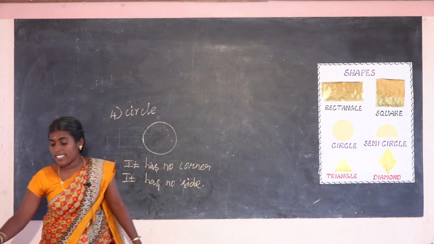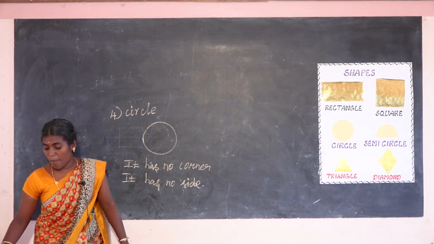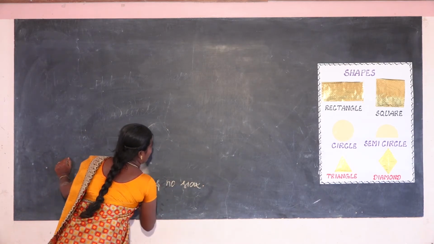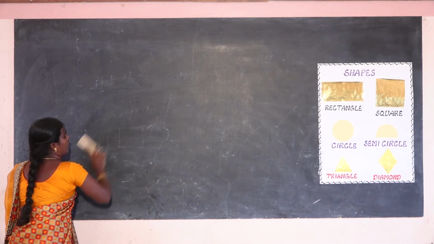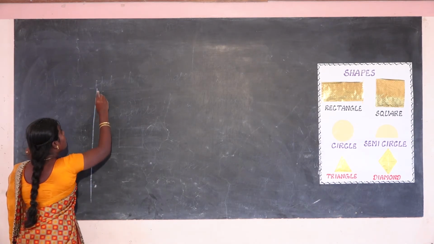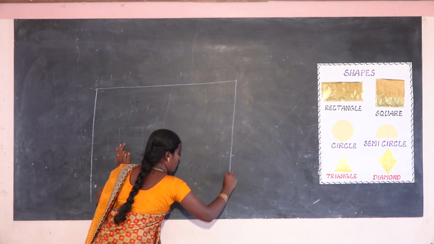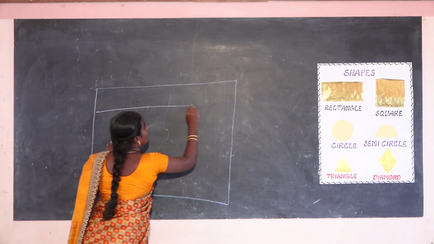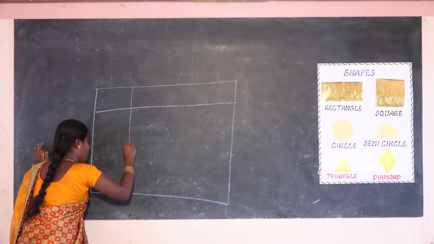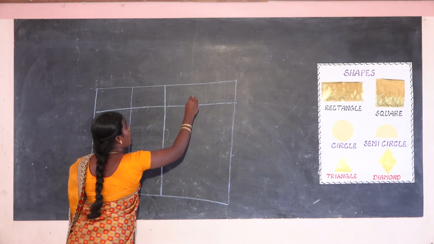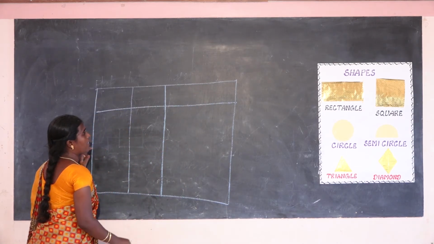Now I draw the table. Everyone copy the table. Shapes, how many sides, how many corners.